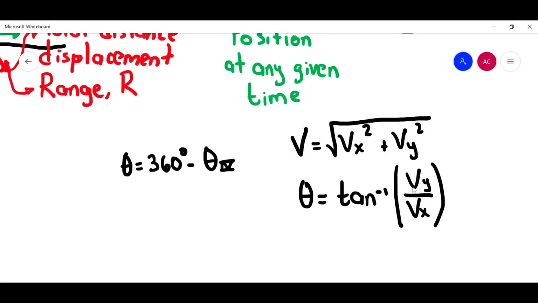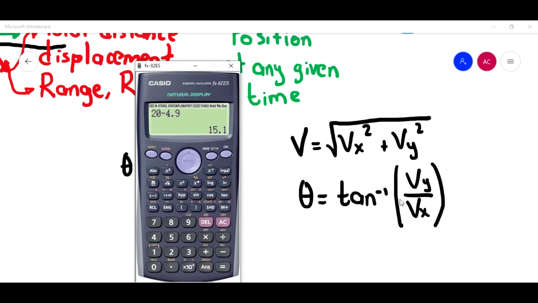So for this angle that I found, I'm going to make an example. Shift tangent of, remember that it's going to be negative, minus 20 over, I don't know, 14. Let's see what happens. Okay, this is the angle, minus 55.